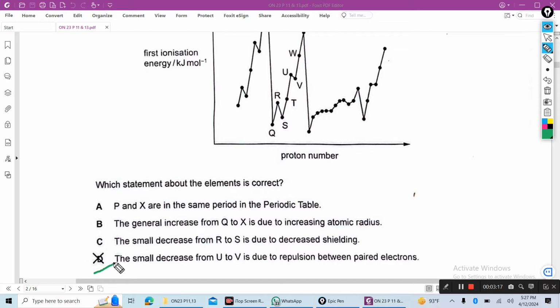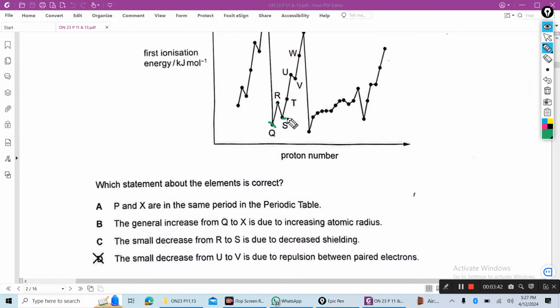You see, the small decrease from U to V is due to the repulsion between paired electrons. And you see, this is group 1. Group 1 has the least first ionization energy.